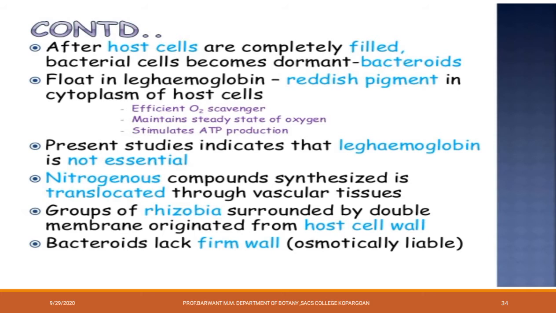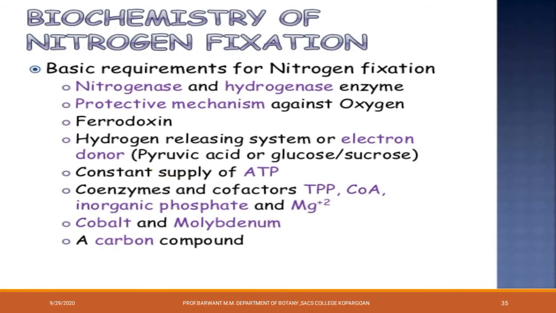Present study indicates that leghemoglobin is not essential. Nitrogenous compounds synthesized are translocated through vascular tissue. The group of rhizobia is surrounded by a double membrane, originating from the host cell wall and the bacterial cell wall.